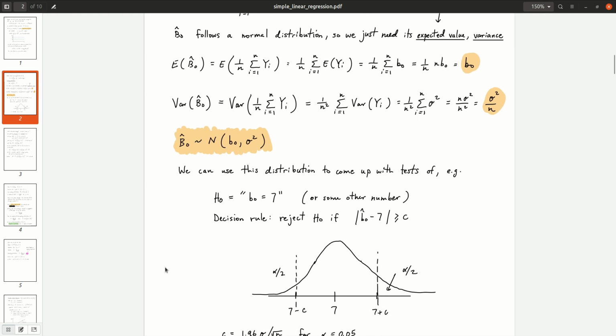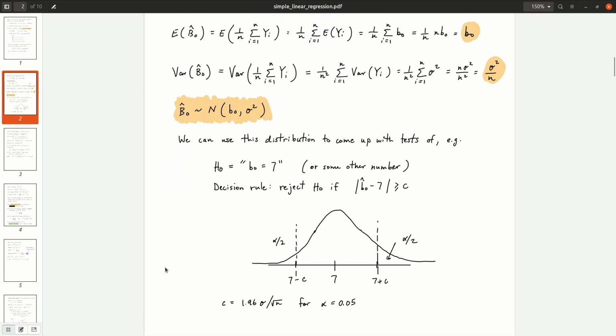Now what we can do is use this sampling distribution of our estimator, remember this is sigma squared over n, to come up with tests of hypotheses. So for example, if our hypothesis is that b0 equals 7, or any other number, we can come up with a decision rule which says reject the hypothesis if our estimate minus 7 is bigger than some cutoff.